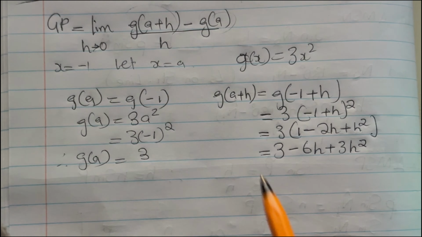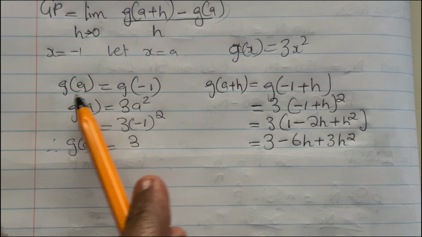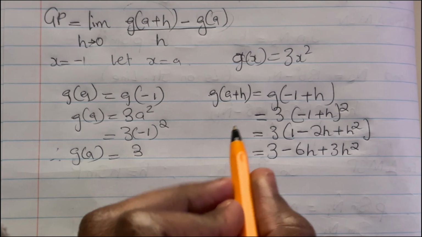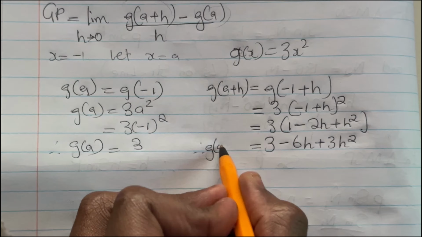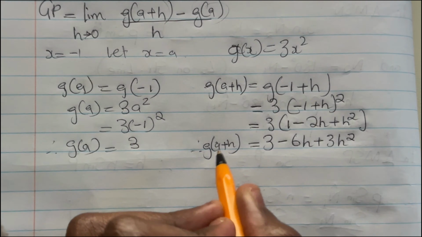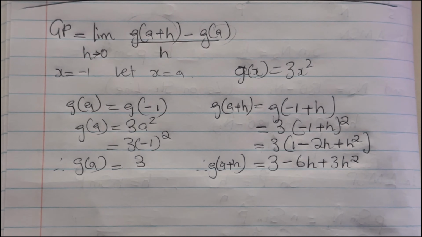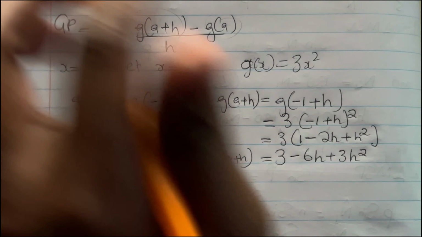So that's g(a plus h). Then we have g(a), which is going to be 3. So we just take this and this, we substitute it here, then we simplify the equation. Then we're going to get our answer now.